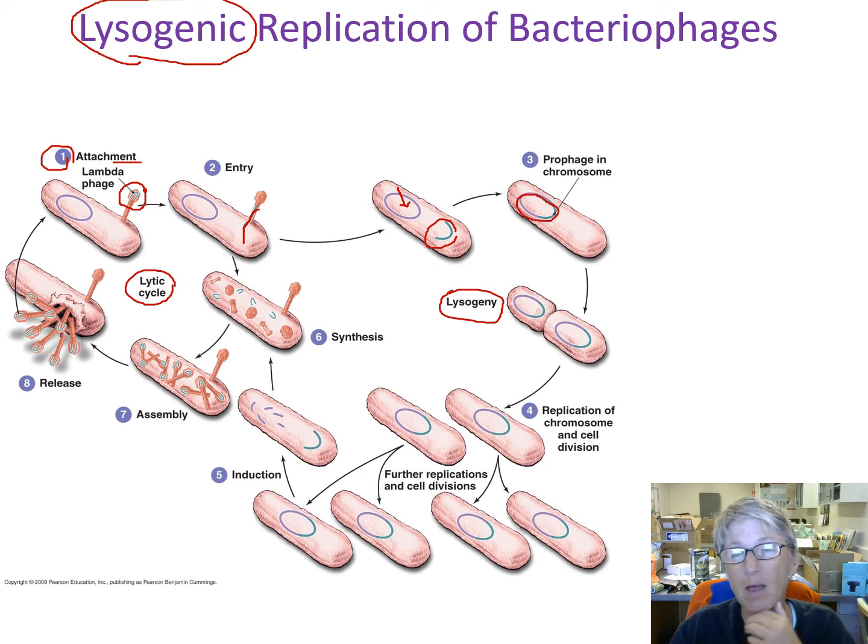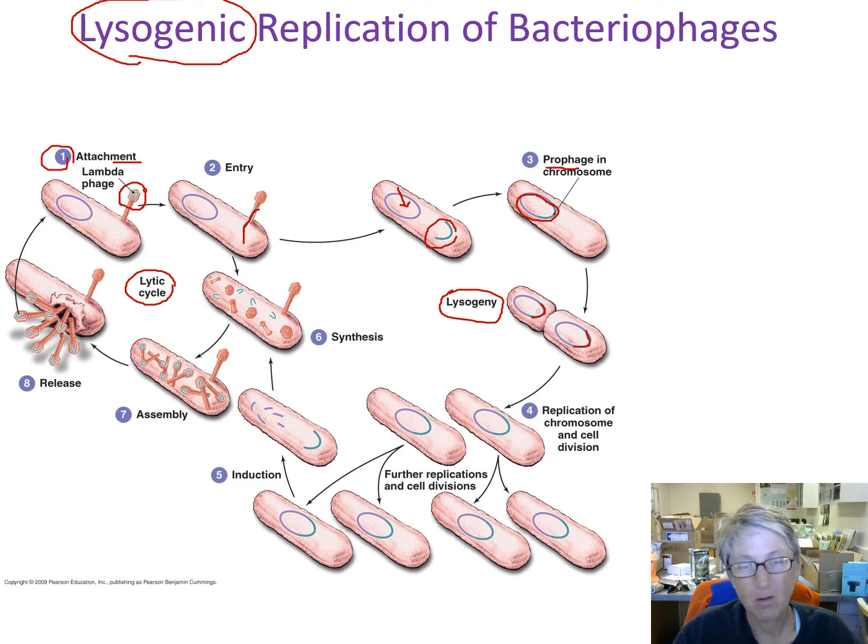The viral DNA is now called a prophage in the bacterial chromosome. And then check it out, the bacteria replicates. So every time the bacteria replicates, it's making more of this green piece here, which is viral DNA or a prophage. So this is one tactic that bacterial viruses can use to make more of themselves.